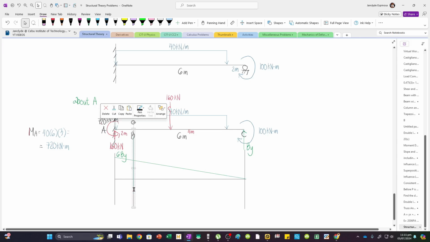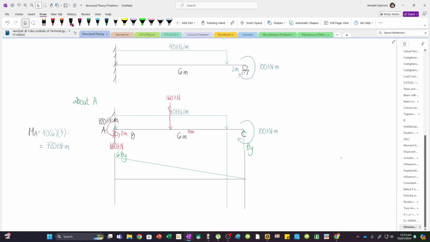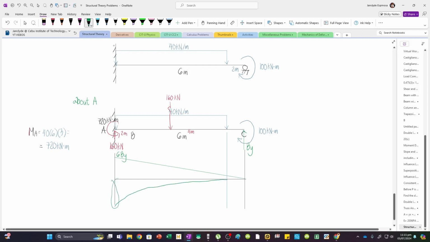So here is our line for the distributed load. The value of the moment diagram by parts always goes up to the moment center. The moment center is about A, and so for the distributed load, I have this figure. The height goes up to the moment center. Now, why is this negative? Notice that if this is your moment center, try holding it, and then apply the distributed load; it will cause the beam to rotate downward.